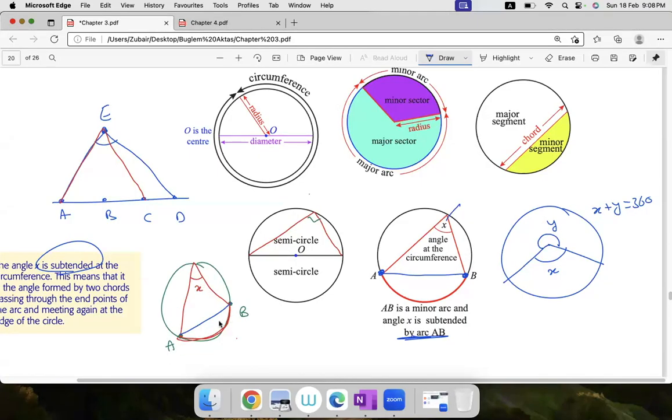It is drawn on chord AB. I can call it angle in major segment, or angle subtended by the chord AB, or angle on minor arc AB. Whatever we call it, there's no confusion. It is very clear which angle we are talking about.